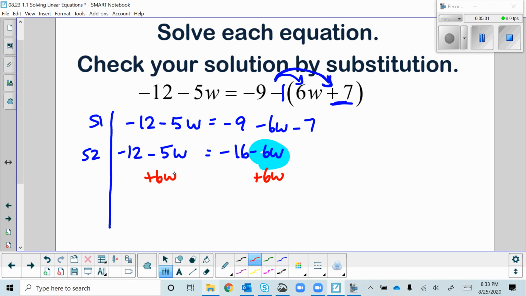By doing that, the w's cancel out on the right, and basically that means I've moved the w to the left. If I've moved the w to the left, I have to move any constants on the left over to the right. The constant on the left is the -12. I'm going to move it over by doing the opposite of it to both sides, so it cancels out here.